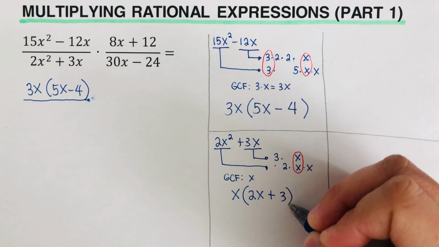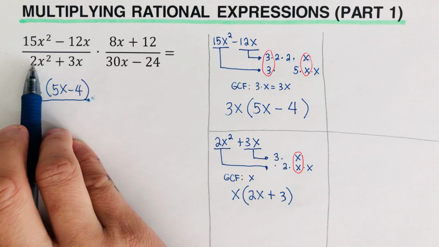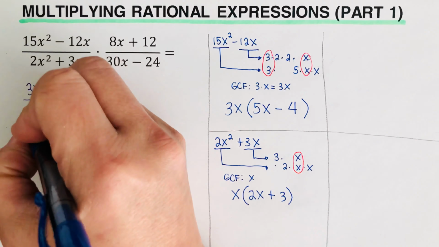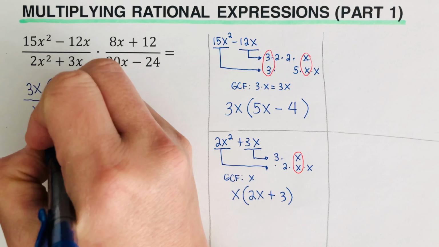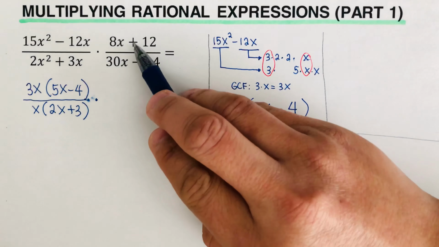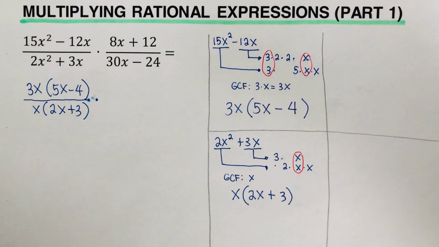This makes sense because if we multiply x times 2x, that is 2x squared, and x times 3 is 3x. So then I can rewrite this up here as x times 2x plus 3. Then I go ahead and do the same thing for these two right here. I'm going to show the work on this side.